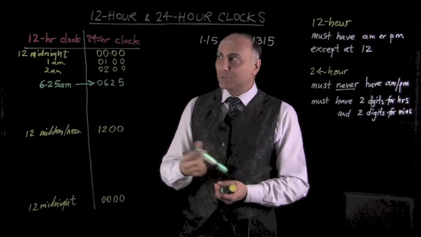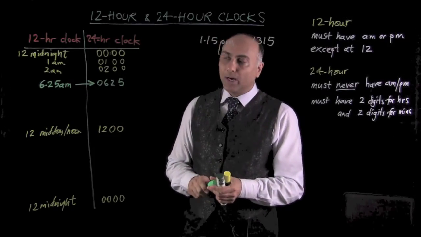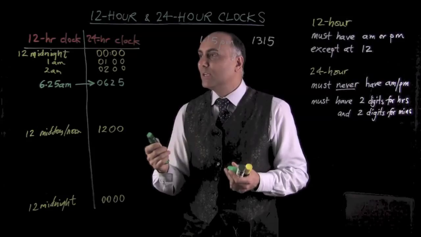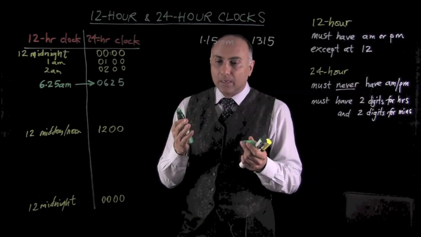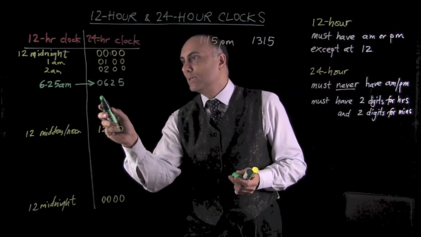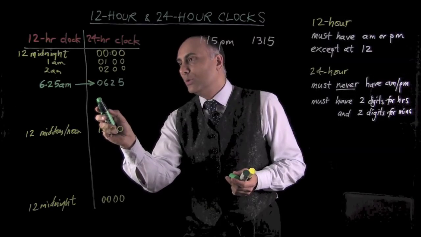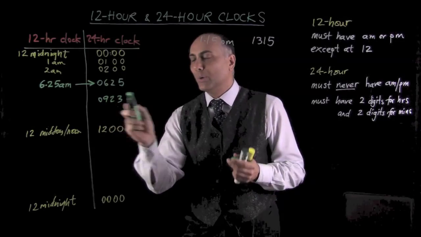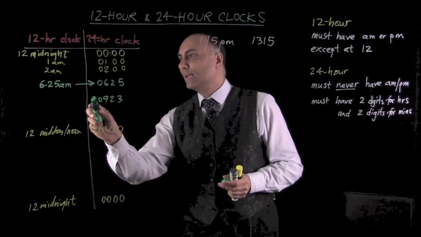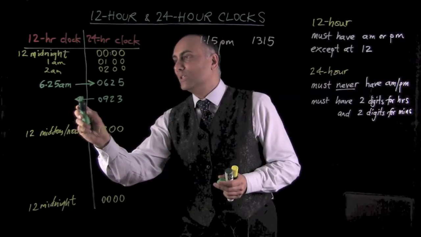Let's now suppose that, yes, that's the time I woke up, and then my post arrived at 9:23. So supposing it was 09:23 when my post arrived this morning, how would I write that in the 12-hour format?